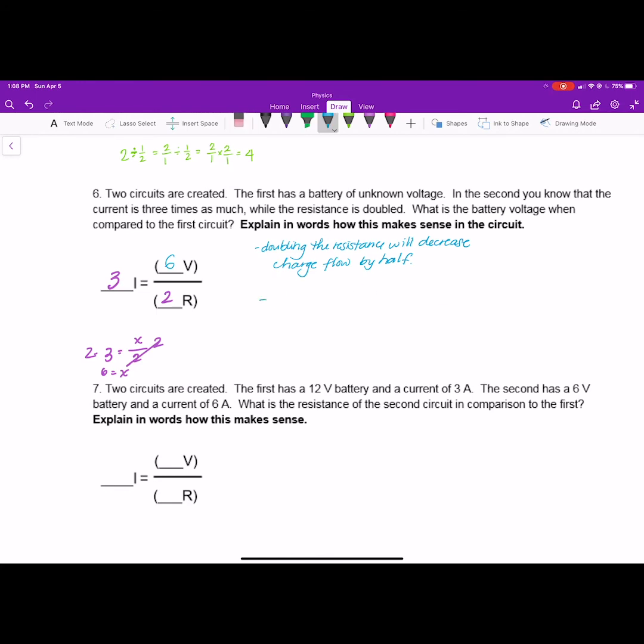So we'll say increasing voltage will increase current.